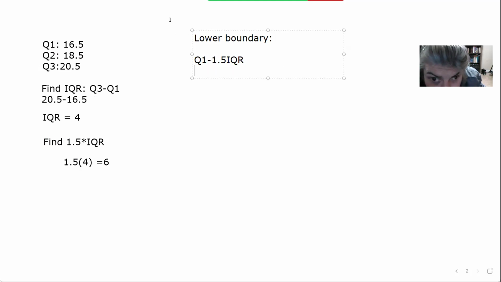So Q1, remember, is 16.5. And 1.5 times the IQR is 6. So I'll write it like this just to maybe make it less confusing and more accessible to you. This is 4 here. So we have 16.5 minus 6.